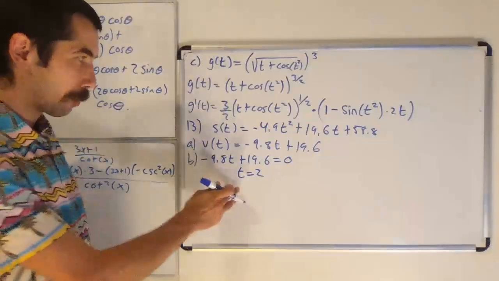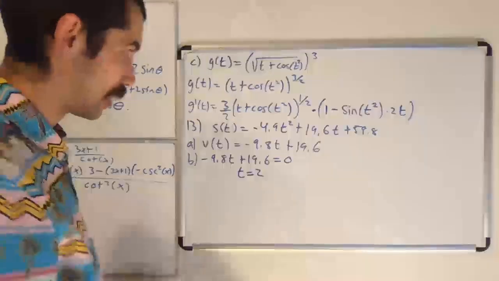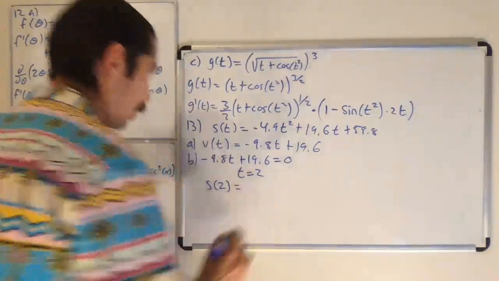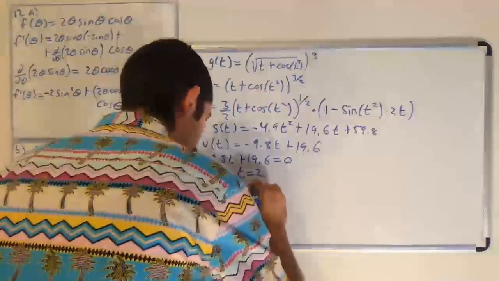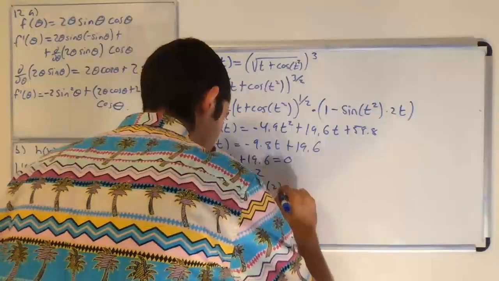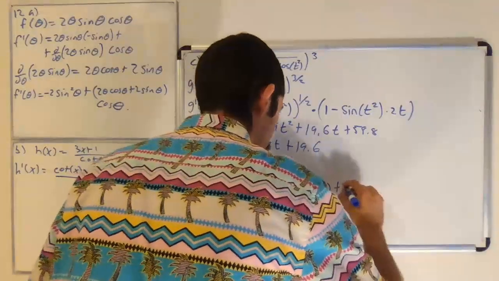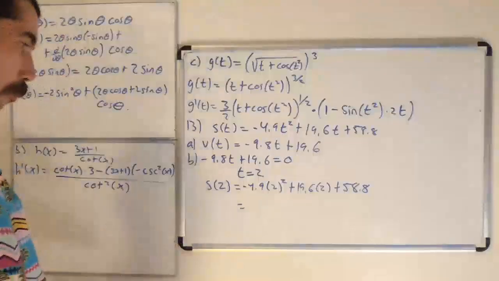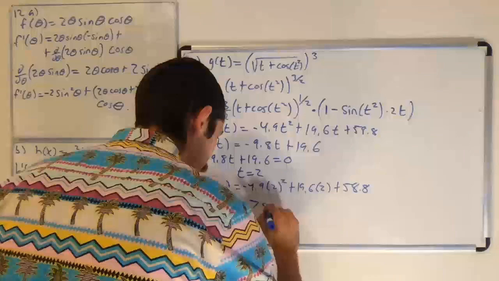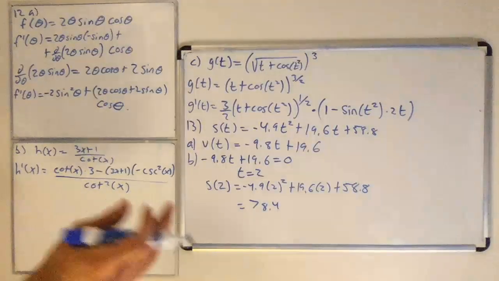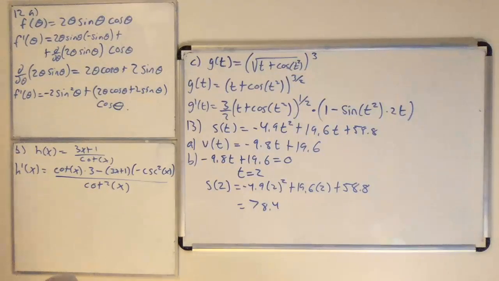And then from here, we plug this into our position function to see how high our object got. So that's negative 4.9 times 2 squared plus 19.6 times 2 plus 58.8, which works out to be 78.4. I guess meters would be our units.